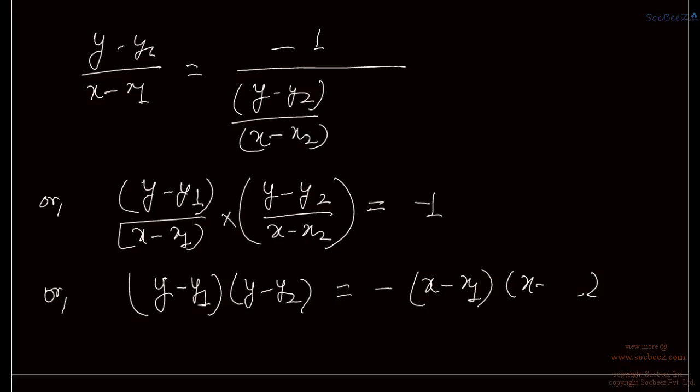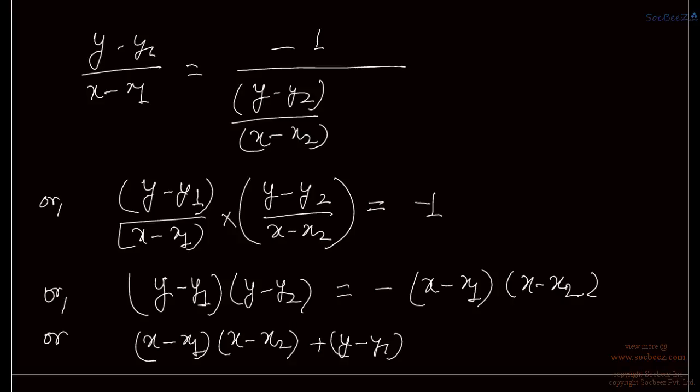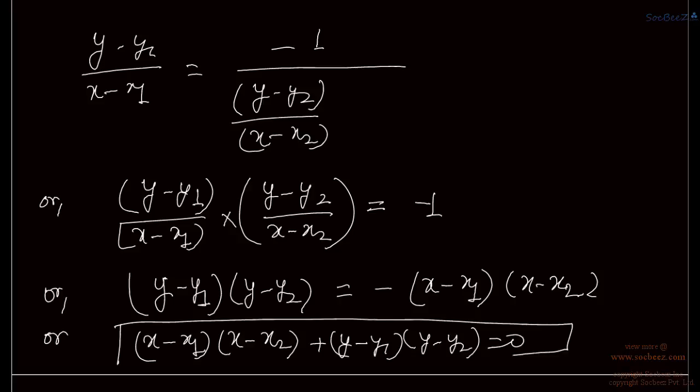Or we have (x minus x1) into (x minus x2) plus (y minus y1) into (y minus y2) is equal to 0. So this expression, this relation, is an equation of a circle.